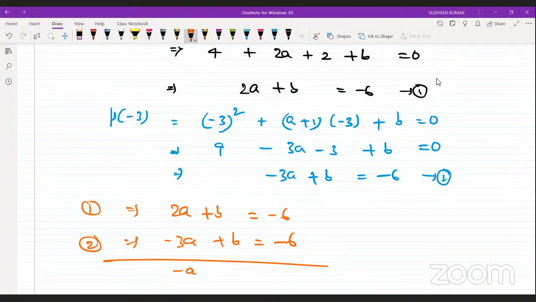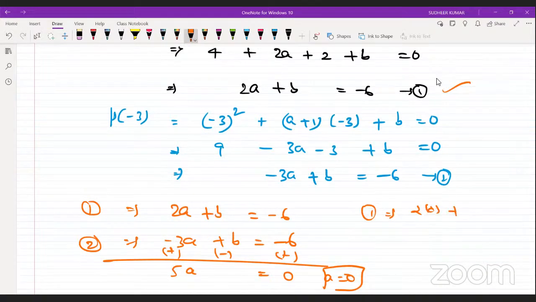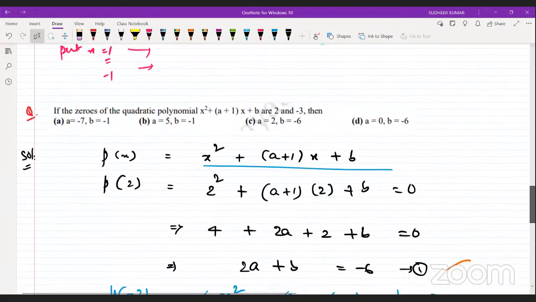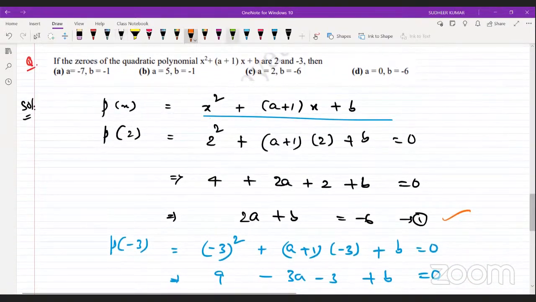So this is 5a equal to 0, so a equal to 0. When a equal to 0, substituting in any one equation, let us take 1. 2 times 0 plus b equal to minus 6. So b equal to minus 6. This is one way, and we'll go for the alternative method. So a equal to 0 and b equal to minus 6, right?